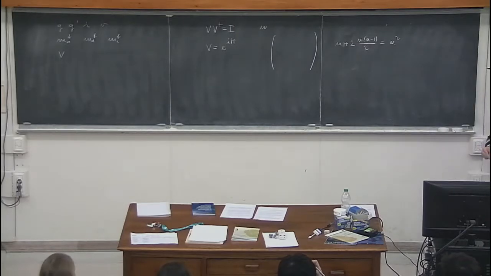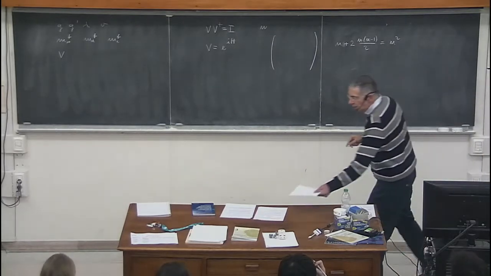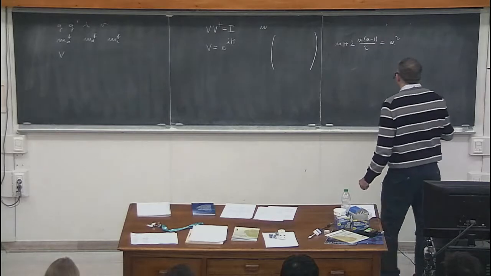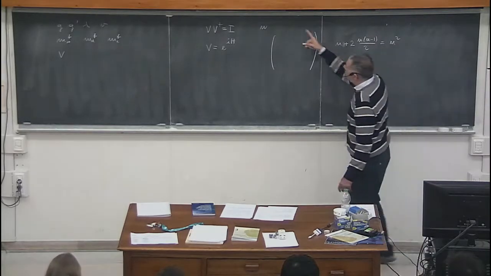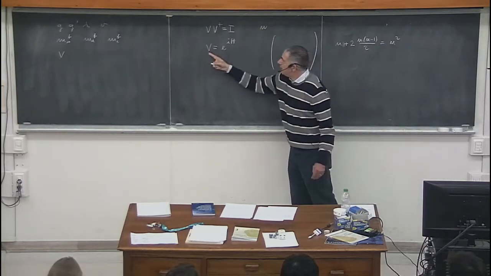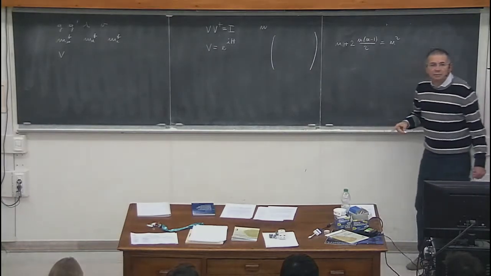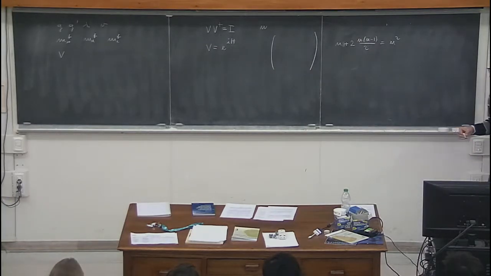So I need n square real numbers to fix a Hermitian matrix, and this is the same number as the number of parameters which are needed to determine a unitary matrix.